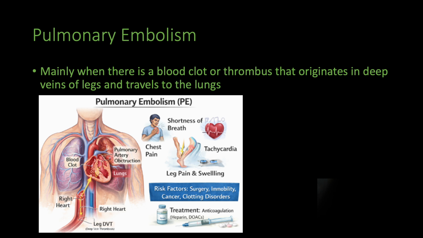When that happens, it blocks the airflow. It's going to cause pulmonary blood flow to decrease oxygen exchange and increase strain on the right ventricular part of the heart, which could possibly lead to right heart failure.